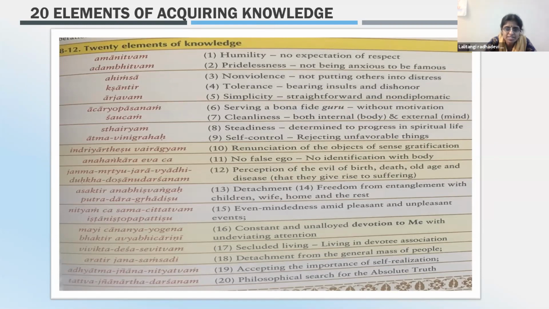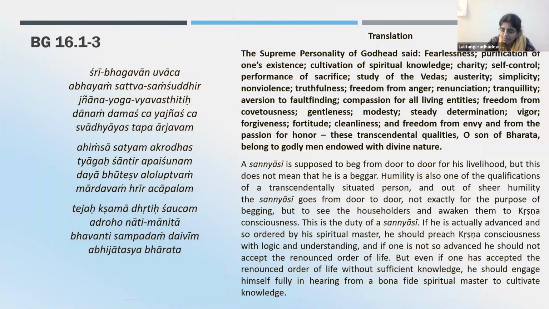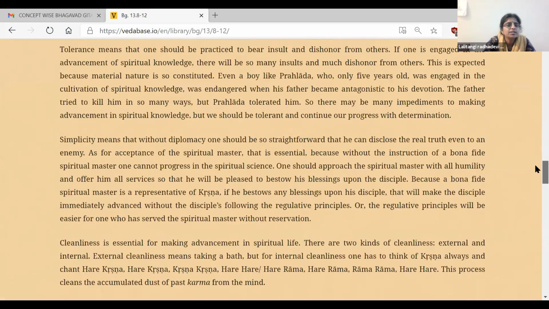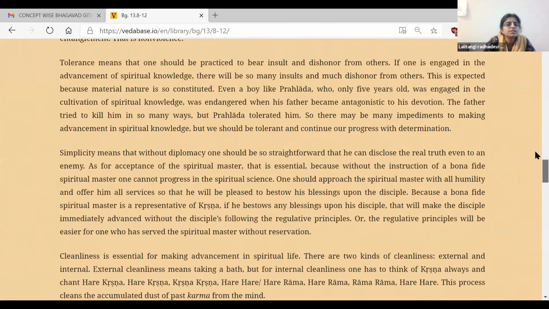So first quality is humility. So for this, let me go to the first definition of humility.